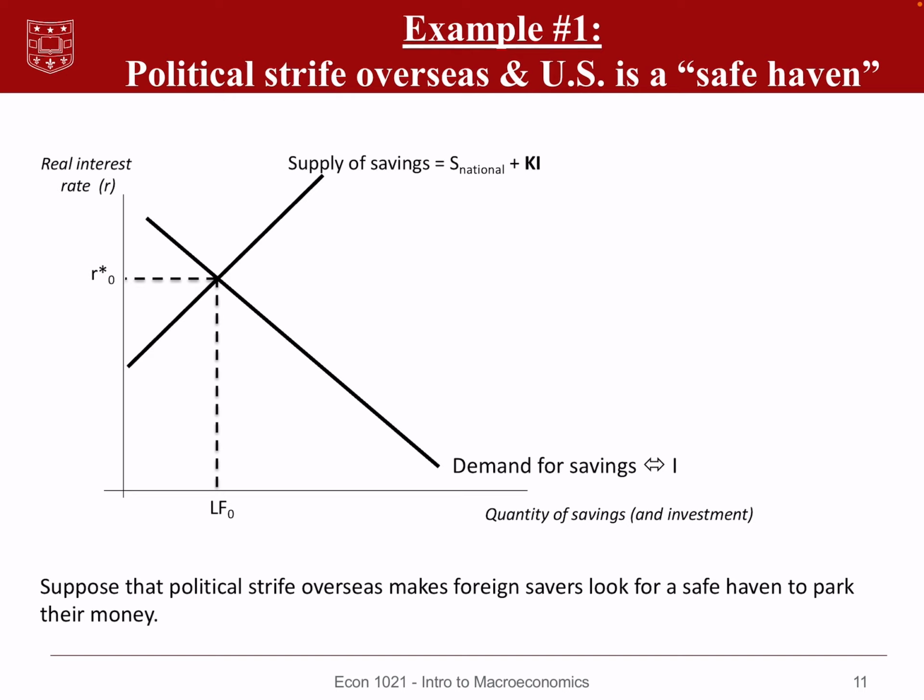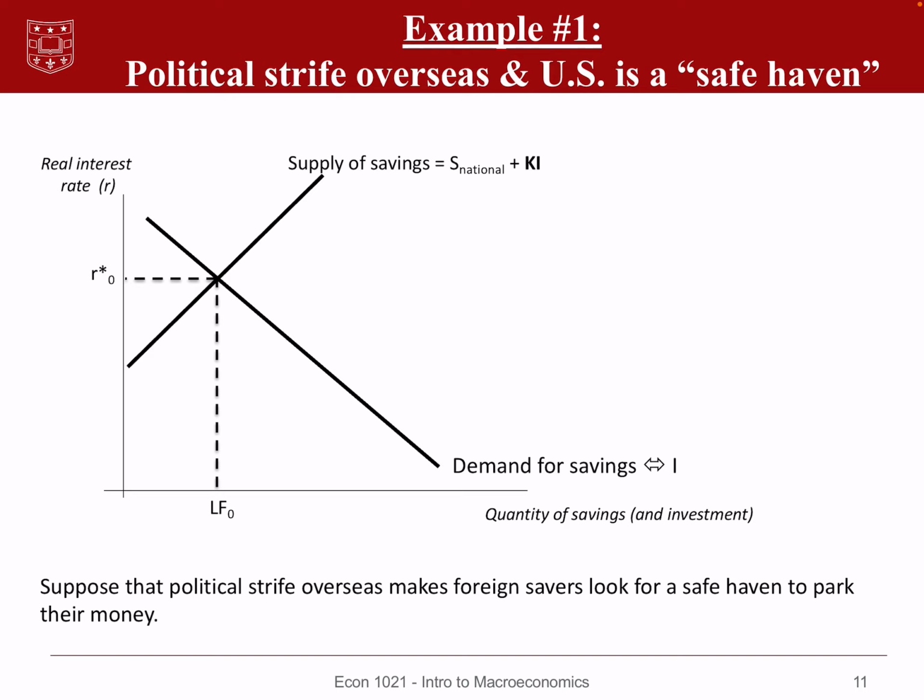So what I want to do is to consider how changes in the supply or the demand of loanable funds would be expected to change the equilibrium or neutral real interest rate, especially, but also the quantity of investment in some instances, depending upon our example.